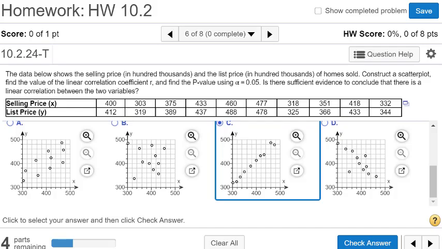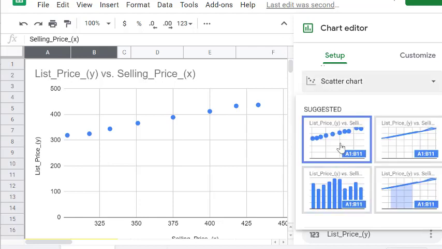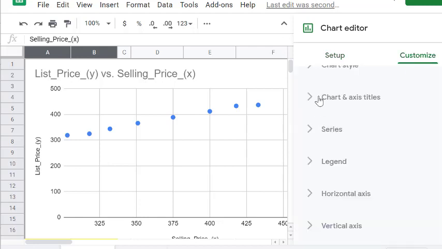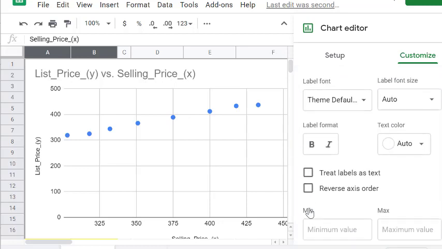You can also make some adjustments in your scatter plot. Once we have the type of plot that we want, we can customize it, and we can fix the horizontal axis and the vertical axis.